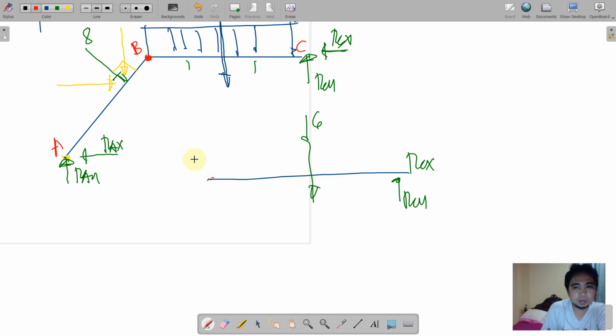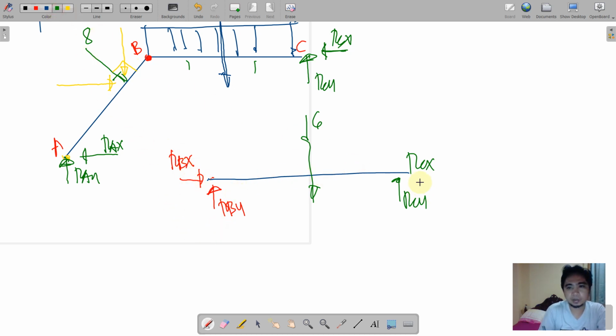So, if there are 2 internal reactions, then we have here, I'll just assume it to be going upwards, ano? So, no problem, mag-assume ka lagi, ano? RBY, and then I'll just assume this to be going towards right. We have RBX.